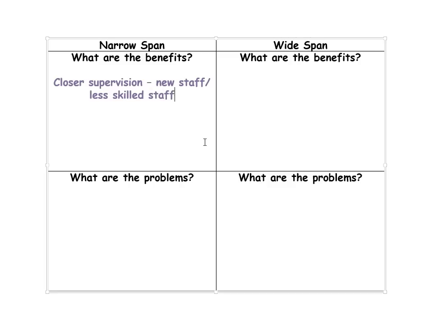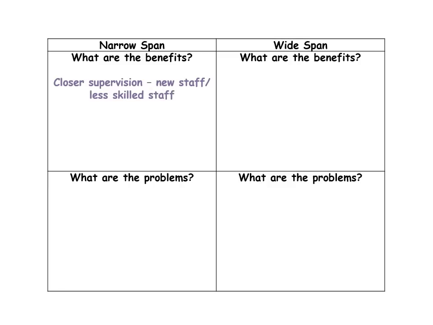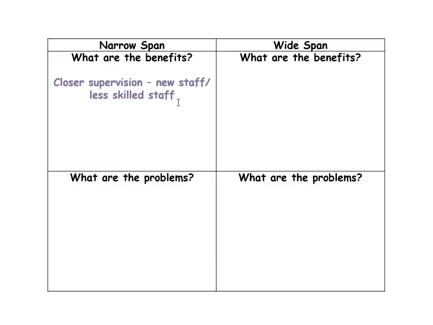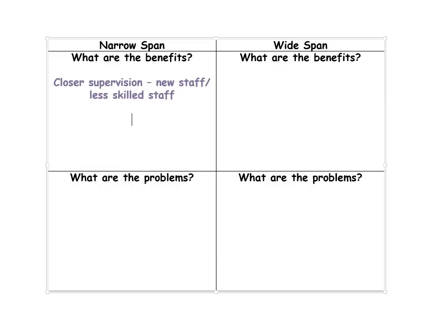Also, when you have a narrow span of control, say if I go back to this diagram, if this manager here leaves, it's likely that these 2 analysts below them will apply for the job that the manager has. So there's a bit of hope there for them, a bit of promotional opportunity, and again, it might be quite motivational, because there's more promotion opportunity.